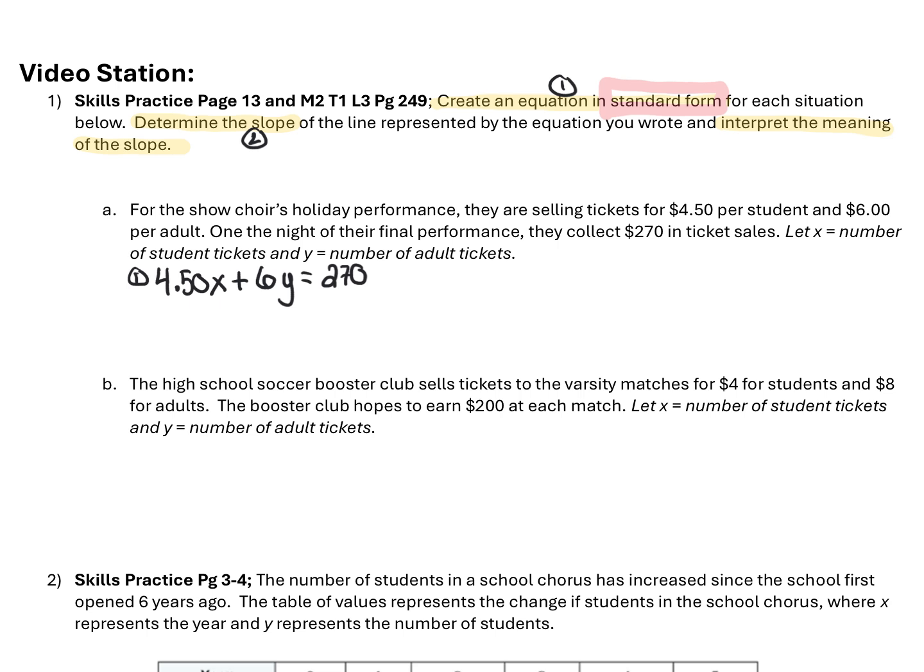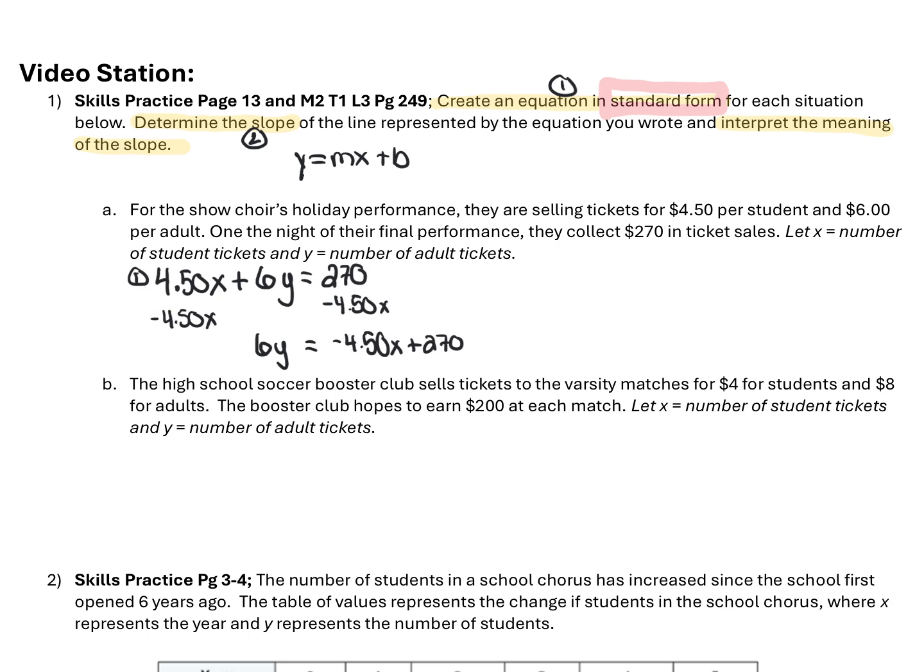So now I'm going to minus the 4.5x from both sides. And if you remember, slope-intercept form looks like y equals mx plus b. So when I write this next step, 6y equals, I'm going to write the negative 4.5x first because it has the x, and then plus my 270.